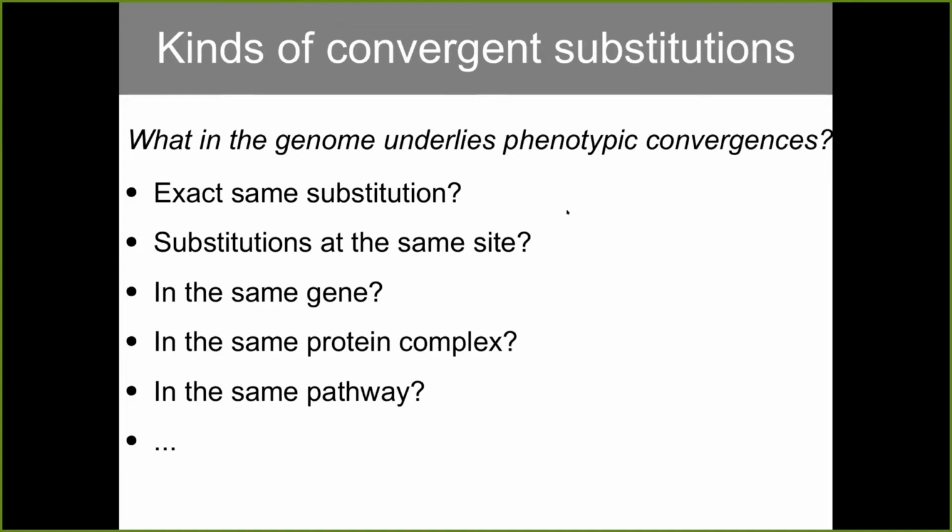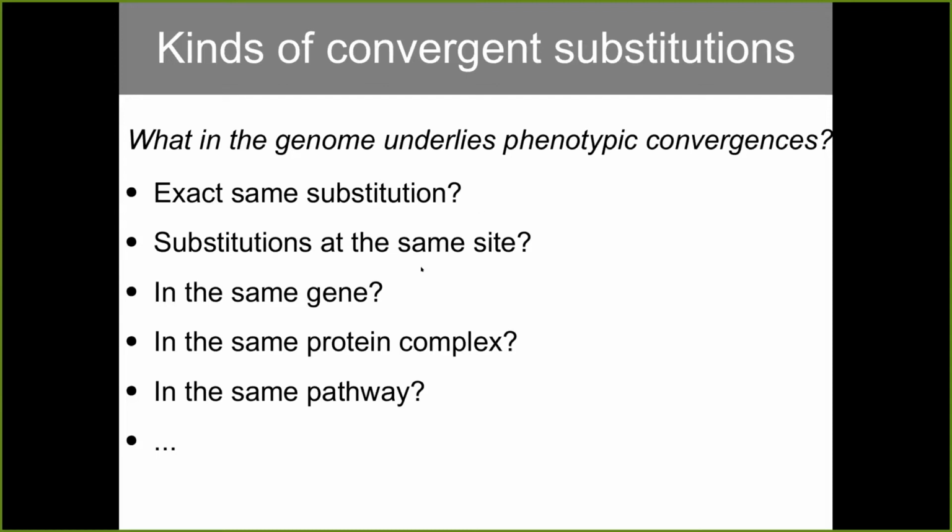Or one can be a bit looser and say that we want to see substitutions at the same site of the same gene in different species with the convergent phenotype. So those would not be exactly the same substitution towards a particular amino acid. But those would be different substitutions, possibly towards an amino acid of the same size, but not exactly the same amino acid.